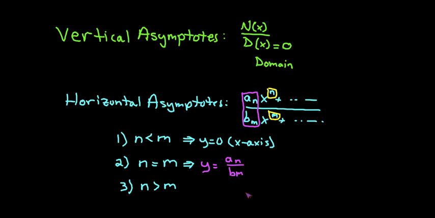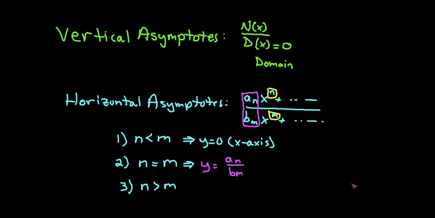That line is going to become my horizontal asymptote. So if this was 2nd power and 2nd power, and the lead coefficient on top was a 3 and the bottom was a 4, I would get y equals 3/4. So I would go up 3/4, draw my dotted line, there's my horizontal asymptote.